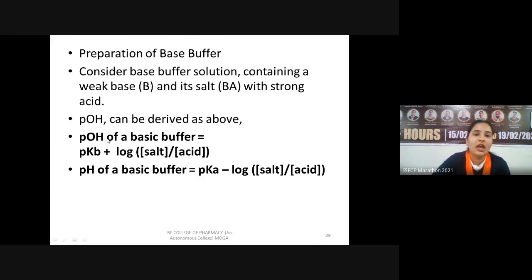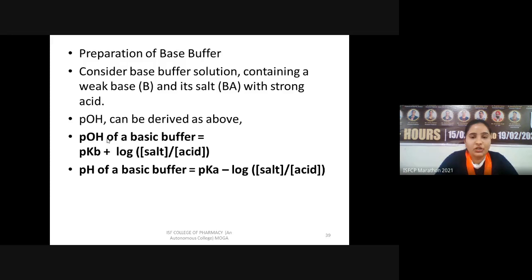And now the next one is the preparation of a base buffer. Consider a base buffer solution. As we know, a base buffer solution consists of a weak base and its salt with a strong acid. So how can we calculate the pOH value?